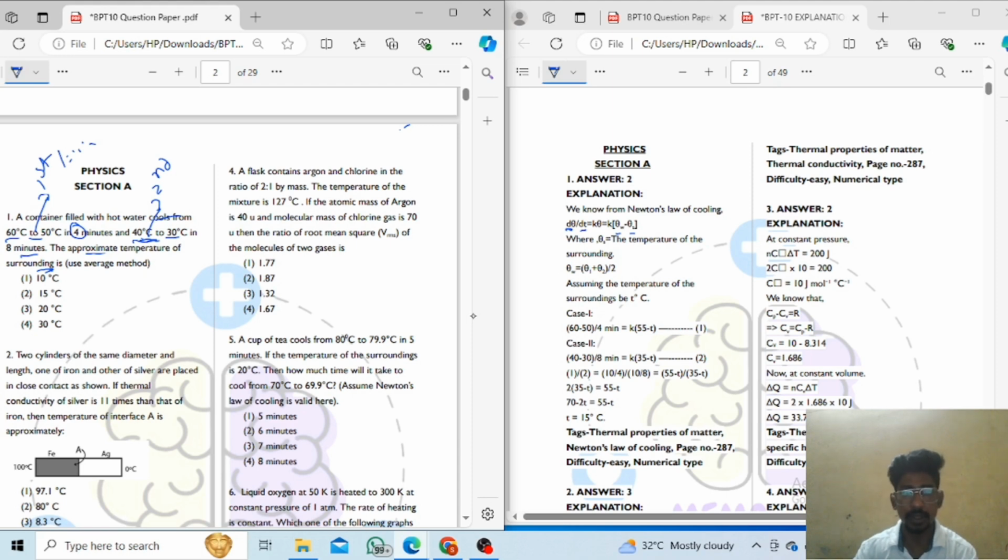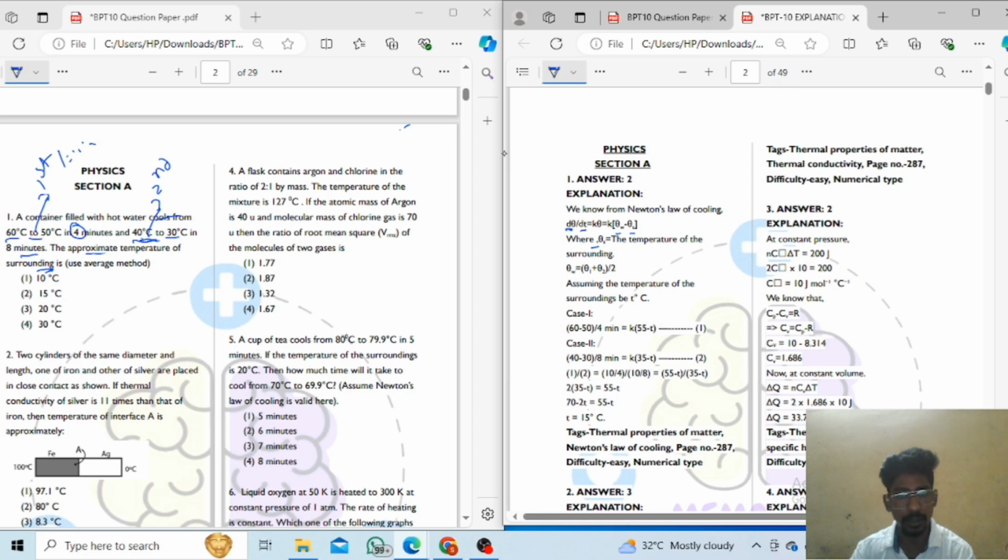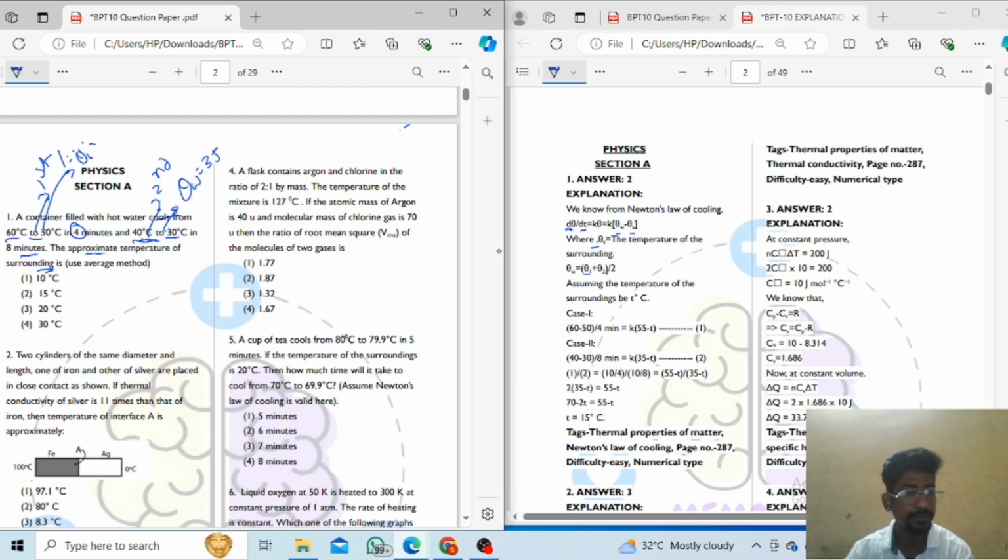Theta w is equal to (theta 1 plus theta 2) by 2. Here it will be (60 plus 50) by 2, means 55. Here it will be (40 plus 30) by 2 equals 35. So in this case theta w will be 35, and in the first case theta w will be 55 degree. These two are the theta w, but in both the cases theta s will be the same, because the surrounding is not changing, so the surrounding temperature will remain constant.